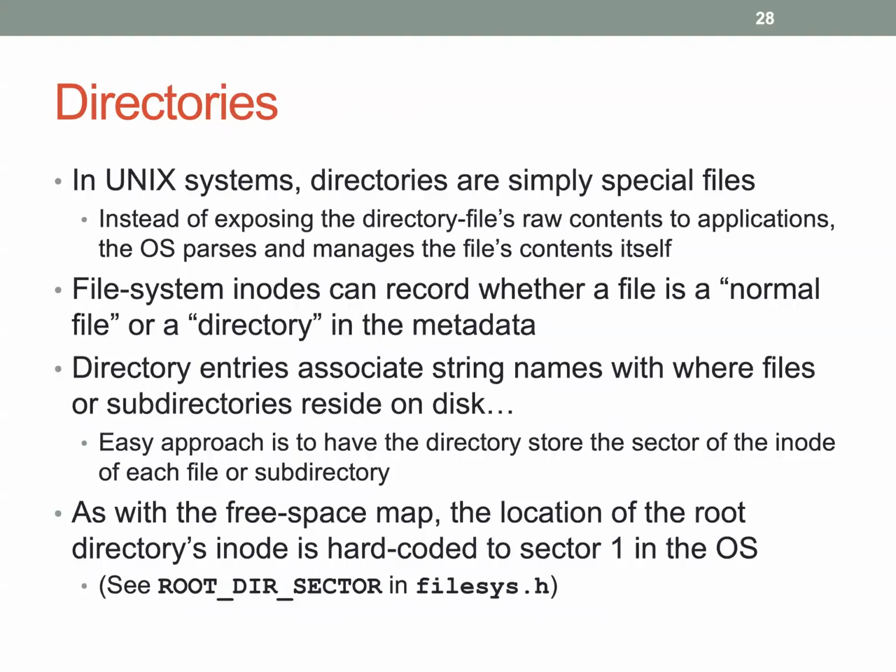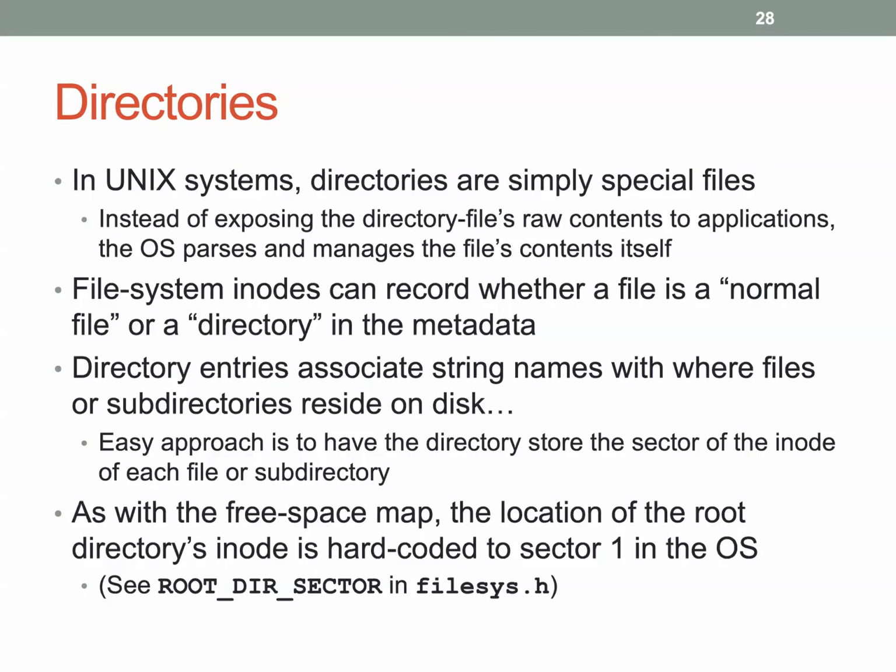Directories in Unix are just files with directory information in them. So you can have a file name and the sector of the file's inode and any other information that needs to be tracked through the directory entry. When you get into the implementation, there will be some files that are of type regular file, and some files that are of type directory.